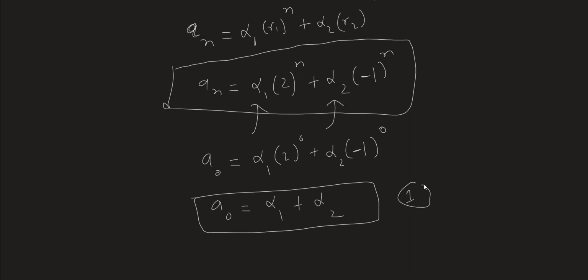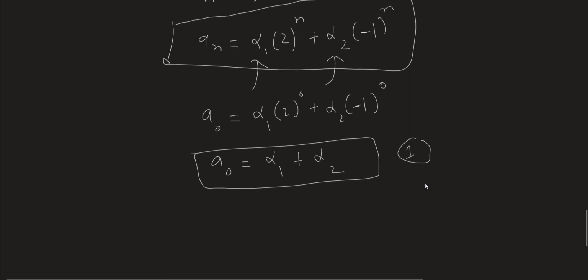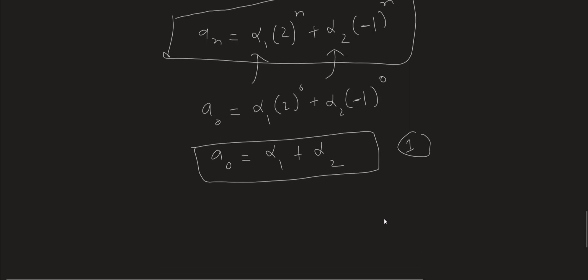Now let's see A1. A1 in this equation will be equal to alpha 1 times 2 raised to the power 1 plus alpha 2 times minus 1 raised to the power 1.